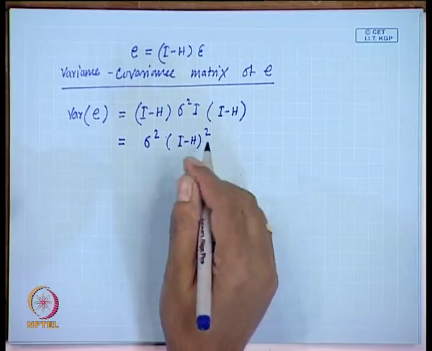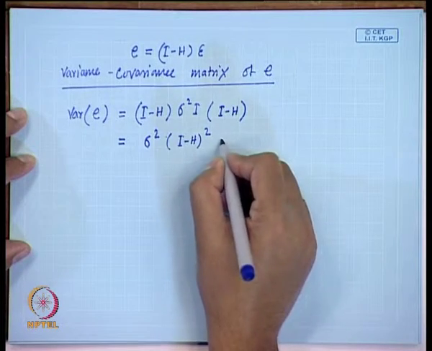Now as we know that the hat matrix H is an idempotent matrix, you can check that if H is idempotent, then I minus H is also idempotent.